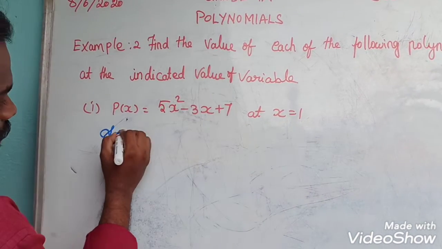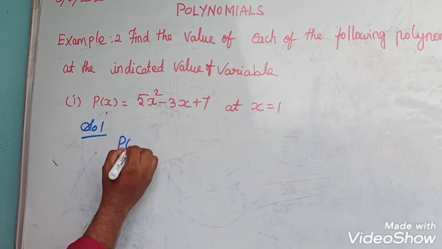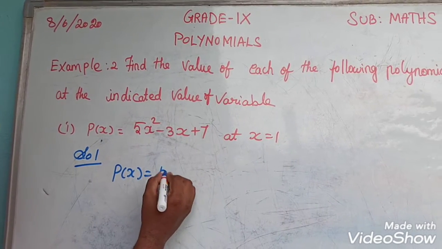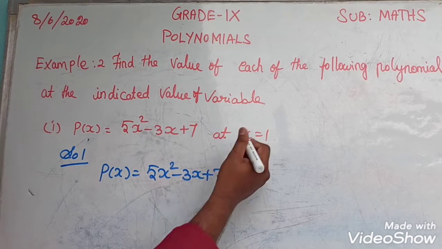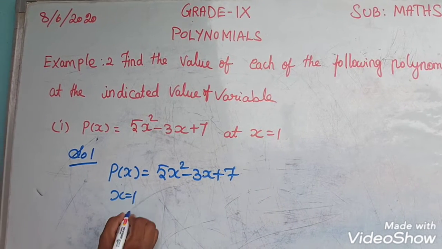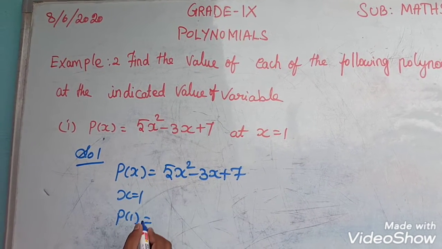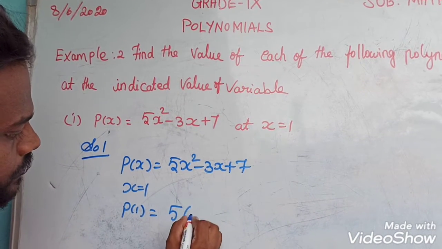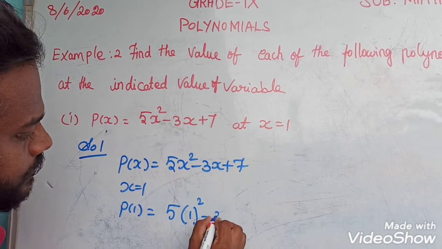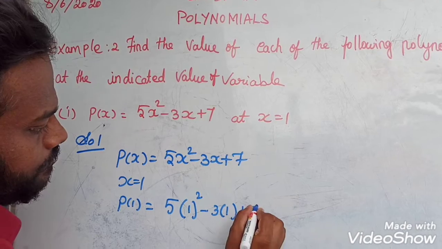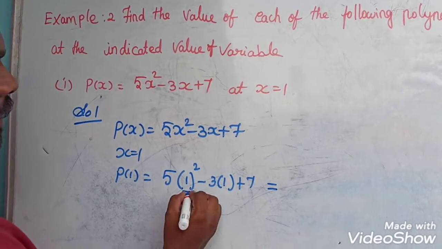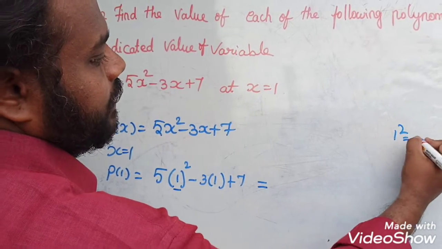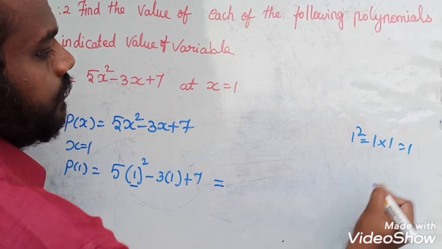So the first solution. p of x equal to 5x square minus 3x plus 7. Here we take x equal to 1. So p of 1 equals 5 into 1 squared minus 3 into 1 plus 7. The 1 square can be written as 1 into 1 which is equal to 1.